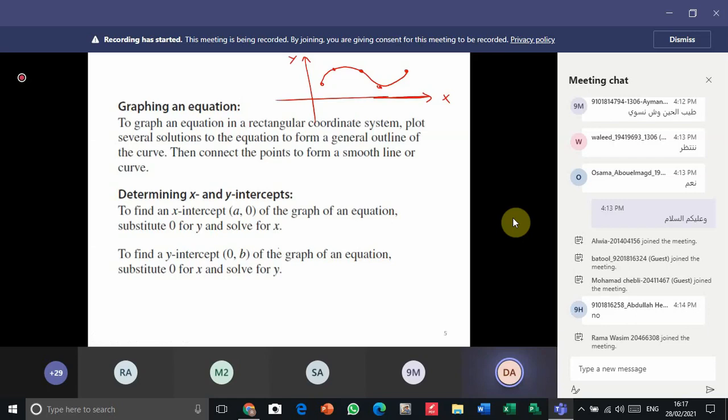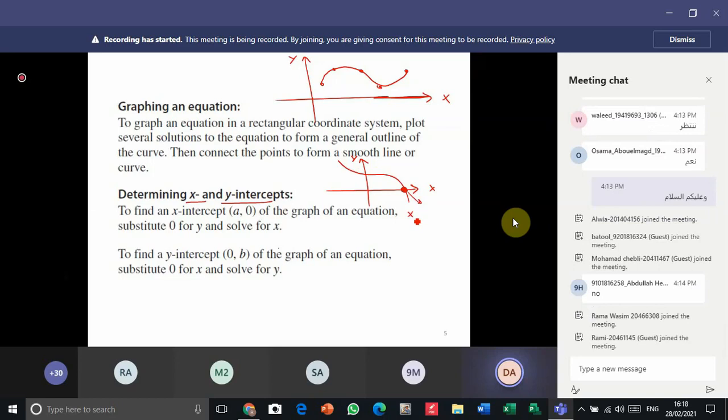Now we also have two intercept points, the X-intercept and the Y-intercept. This is very important. What is the meaning of X and Y intercept? For example, if we have a curve in the XY plane, the intersection point between the x-axis and the curve is called the X-intercept.